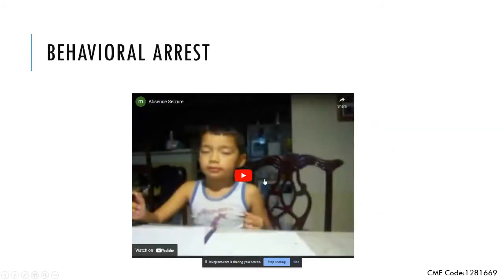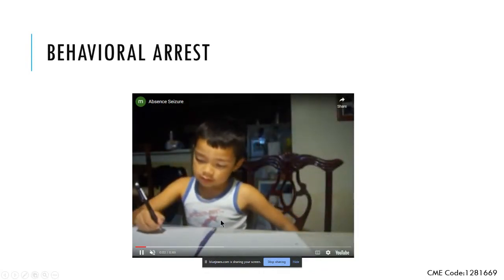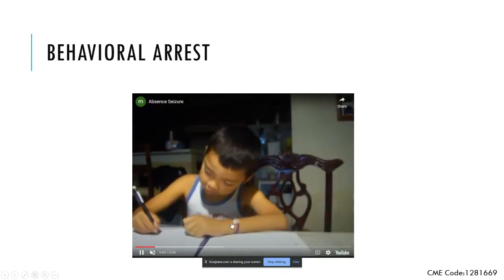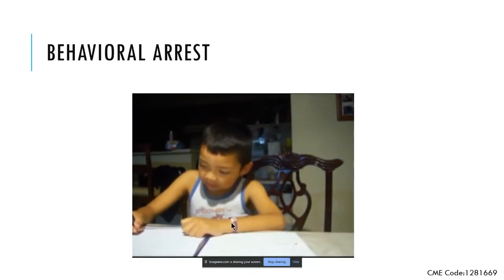And this seizure is an absence seizure, which is, of course, as you all know, a generalized type of seizure onset, but I want you to pay attention to the semiology it has, because that's the semiology I'd like to describe here. Seizures of behavioral arrest, formerly called dialeptic or hypomotor seizures, are defined by the prominent feature of having impaired motor activity or awareness.